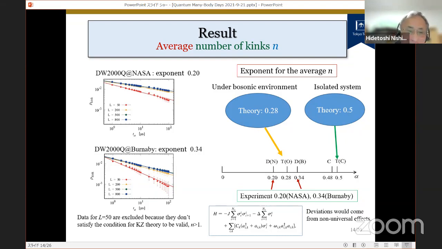The statistics doesn't mean something by itself. Well, I'm not very clear, but I cannot say more. The machine at Burnaby, the headquarters of D-Wave, is claimed to be a low noise machine by engineering in the same series. So that is reflected in the smaller number of defects, smaller density.